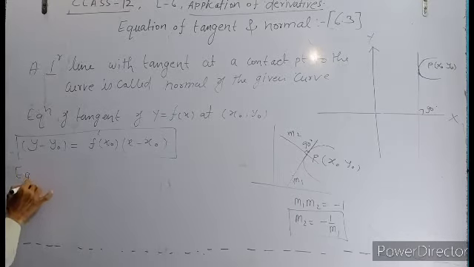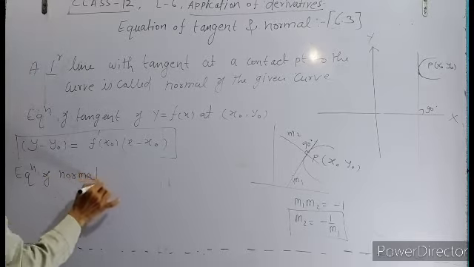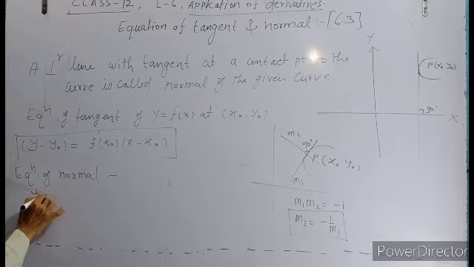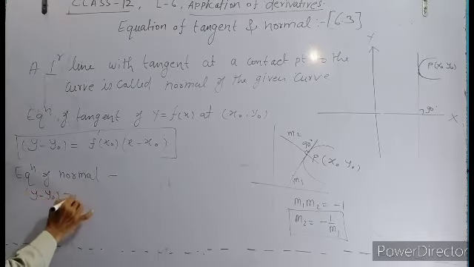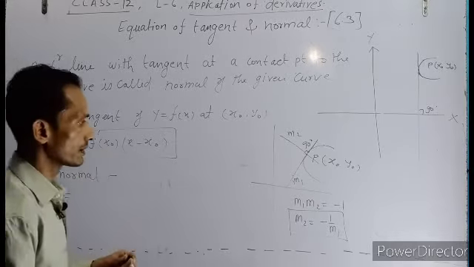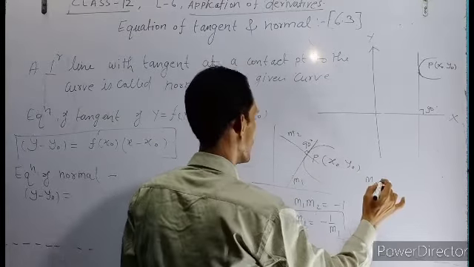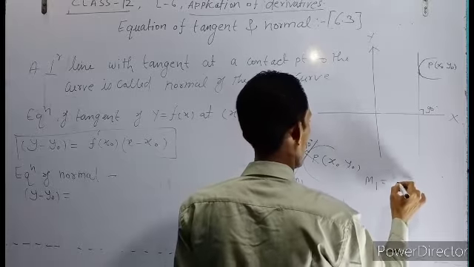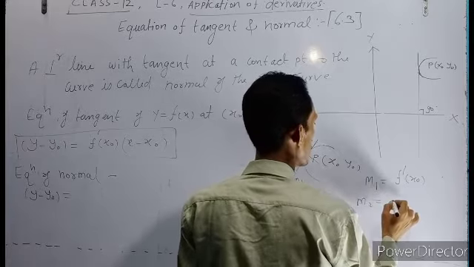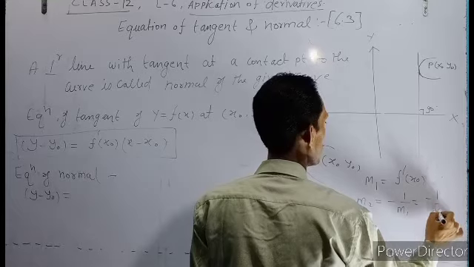Now what will be the equation of normal? It is given by y minus y0 equals the slope times (x minus x0). Suppose, using this condition, m1 is f dash x0. Now what will be m2? m2 is equal to minus 1 upon m1, which means minus 1 upon f dash x0.